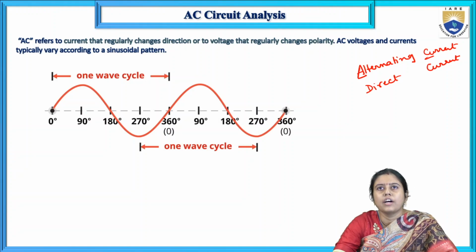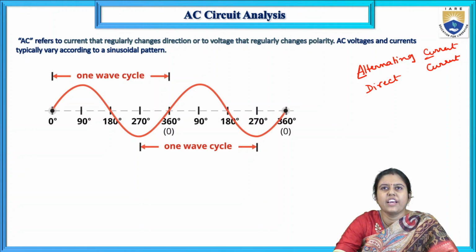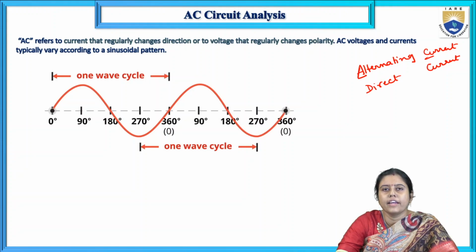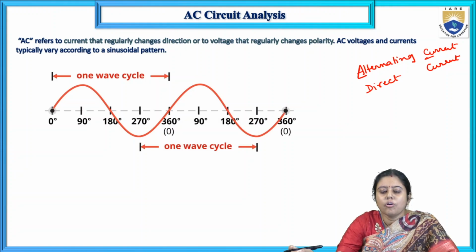AC refers to the current which regularly changes its direction, or the voltage that regularly changes its polarity. Polarity means if it is positive, the next moment it will be negative, and again from negative to positive. Though AC means alternating current, any alternating quantity we generally refer to as AC.